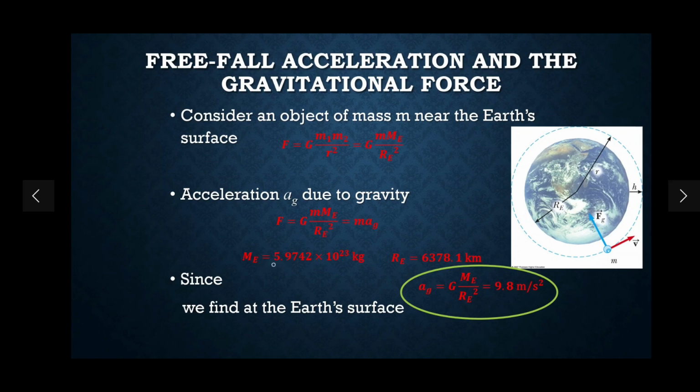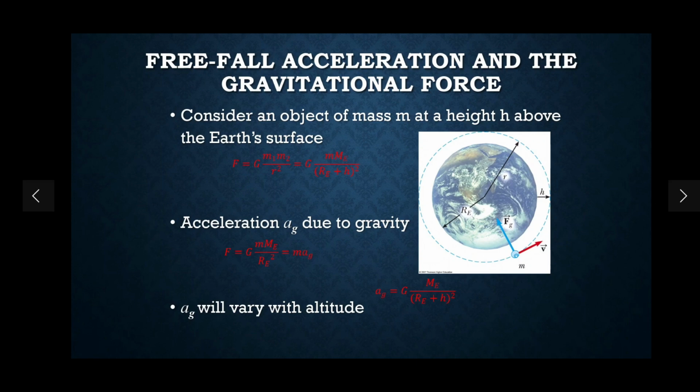The mass of Earth is 5.9742, or about 6, times 10 to the power of 24 kilograms, and r, the radius of Earth, is 6,378.1 kilometers. We find that the acceleration of gravity at Earth's surface is 9.8 meters per second squared.